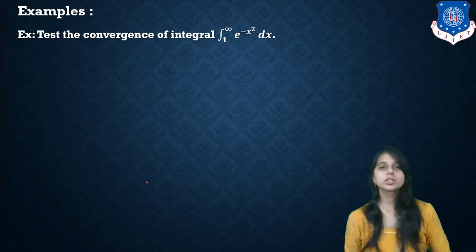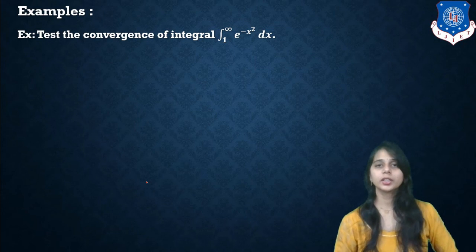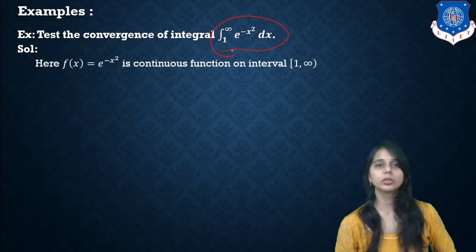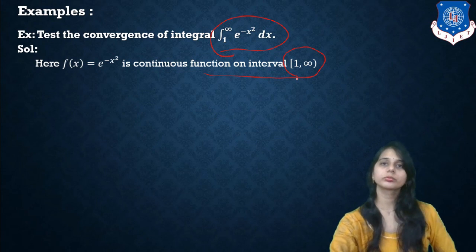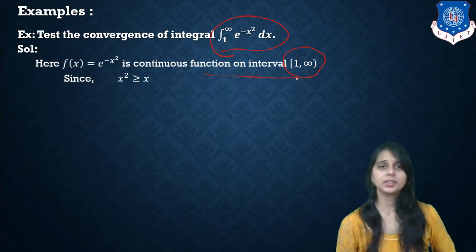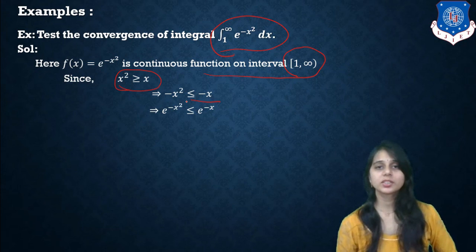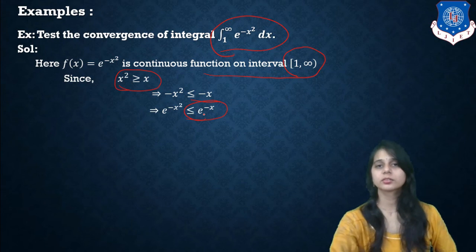Now test the convergence of the integral 1 to infinity of e raised to minus x square dx. First of all, f of x equals e raised to minus x square, which is a continuous function on the closed interval starting at 1 and the open interval to infinity. Since x square is greater than or equal to x, minus x square is less than or equal to minus x. So e raised to minus x square is less than or equal to e raised to minus x.